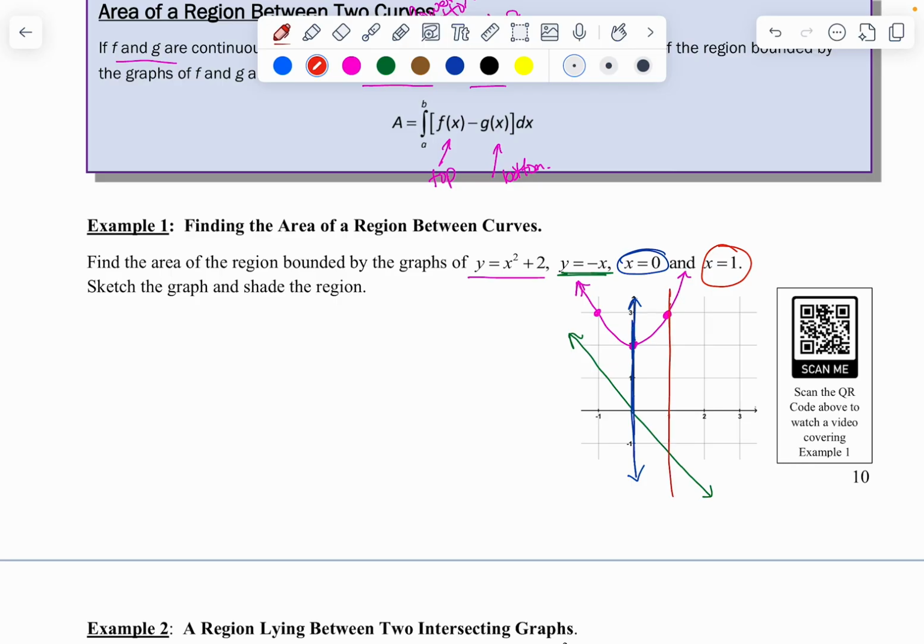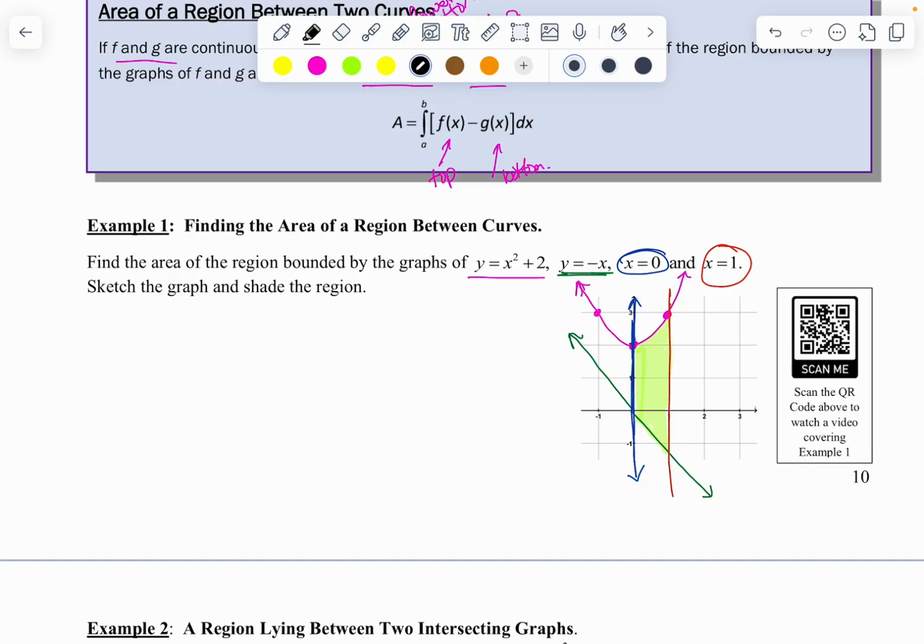So where is the area between all of these curves? Well, the area between all of these curves is right over here. So we want to find the area of this shaded green region.